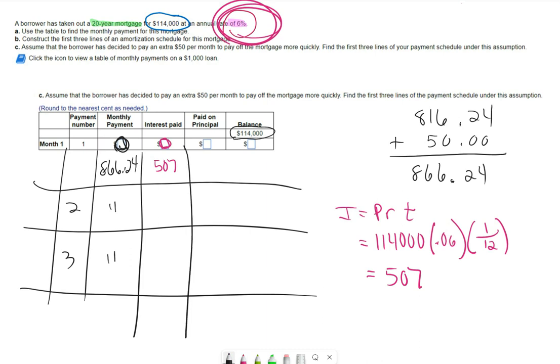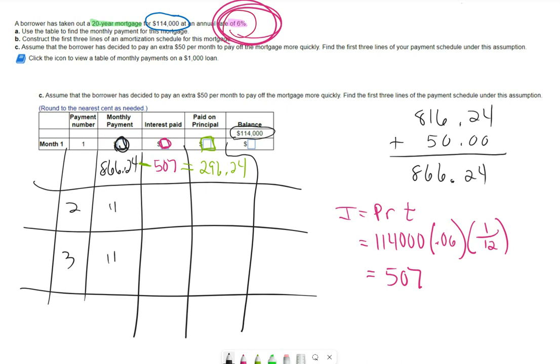And now I'm literally just going to subtract these two numbers, and that's going to equal what's going to go in this box. You send in a check for $866.24. They calculate what interest you owe, and they take it from that check. When they subtract, there's $296.24 left, and they apply that to your balance.